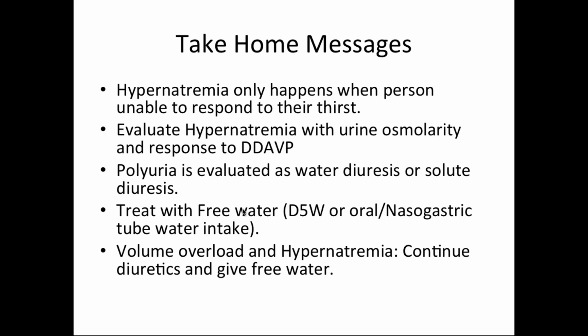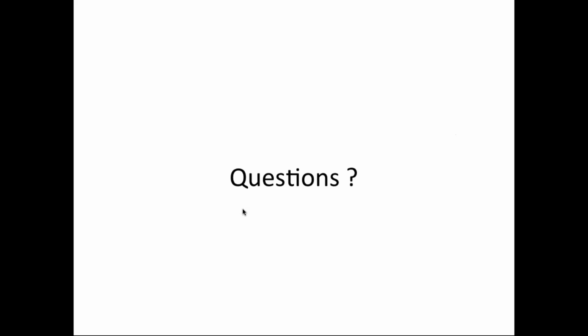For polyuria, evaluate with the urine volume and the urine solute and the urine osmolarity to assess whether it is a water diuresis or solute diuresis, and then proceed based on that. Treatment is free water, whether by D5 or through the oral or nasogastric tube for increasing water intake. And in case someone has volume overload and hypernatremia, give both diuretics and free water to treat both those entities.